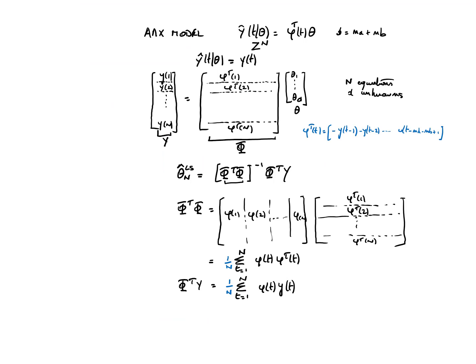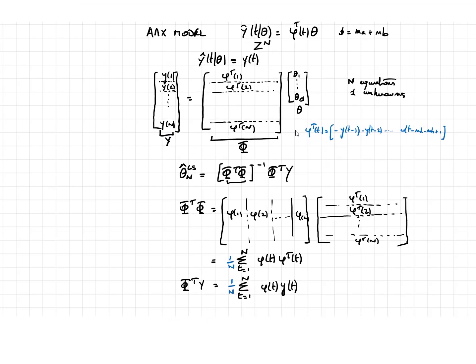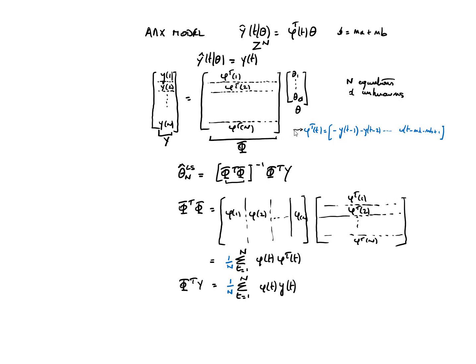Well, let us have a look at that. What I've done over here is really show the regressor in the case of the ARX model, right? So this is this matrix R of n. I'll simply write it as R, and then we have here what we had called f of n.